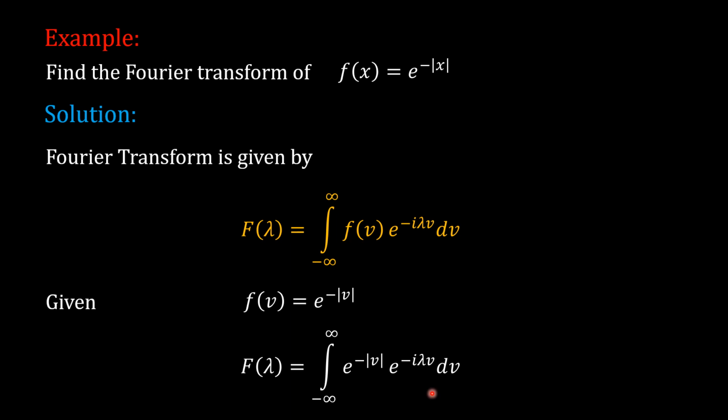Now using Euler's formula, we will replace this e raised to minus i lambda v as cos lambda v minus i sin lambda v.